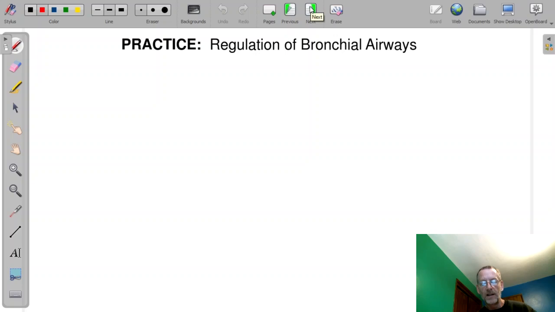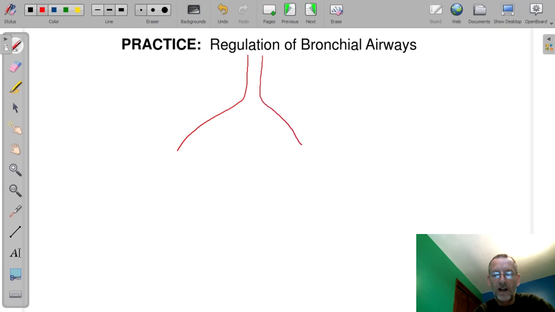So in this slide, what I'd like you to do is to pause the video in just a moment and complete this diagram. So draw in some sort of airway, some sort of bronchial tree. There's a trachea. This is good enough for now.